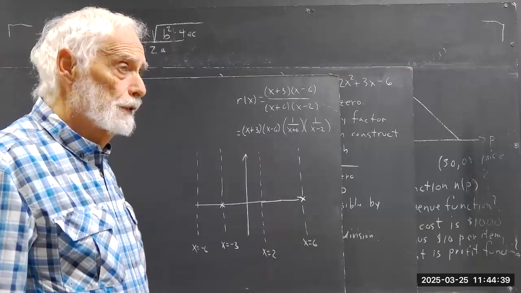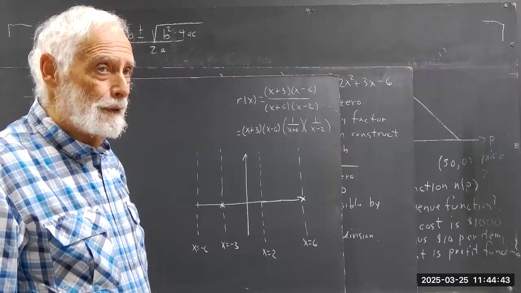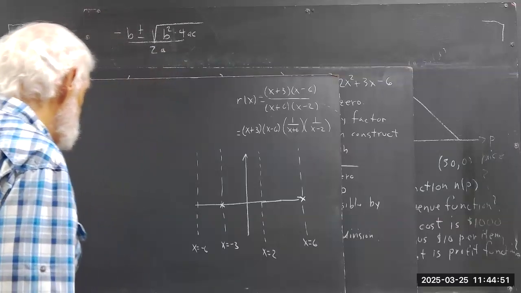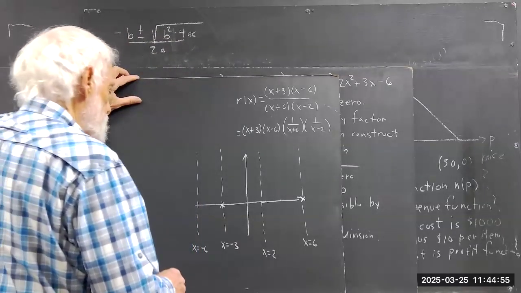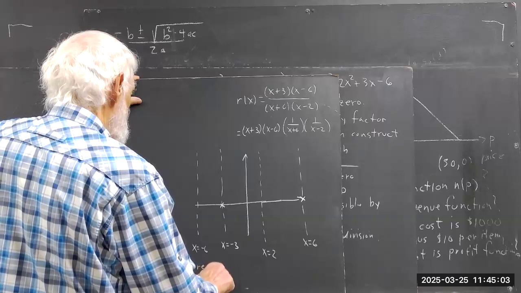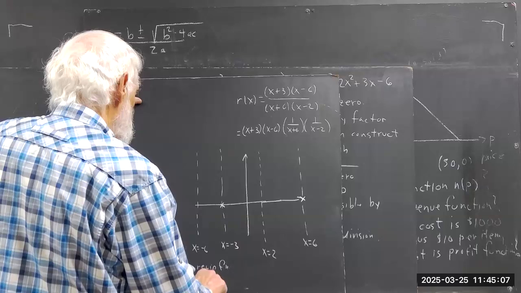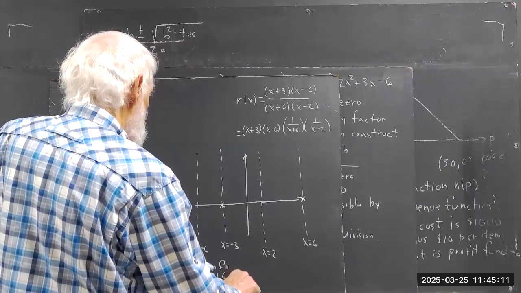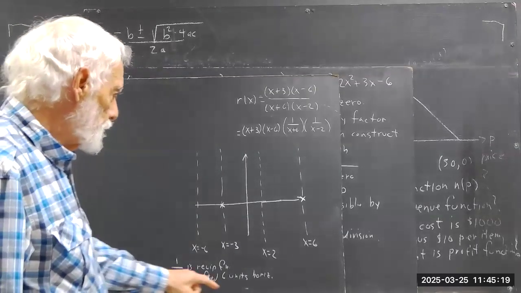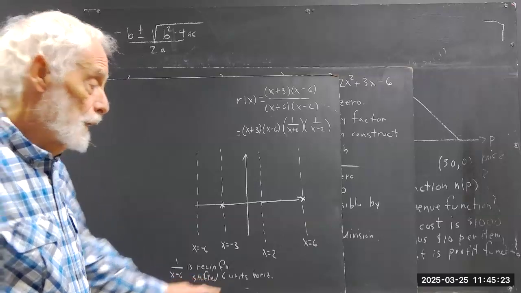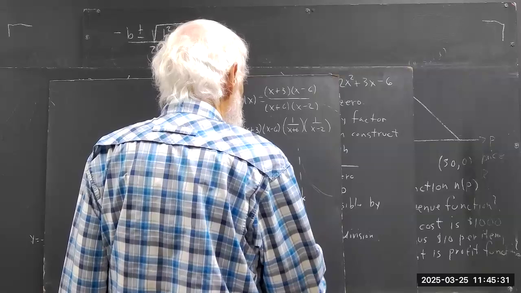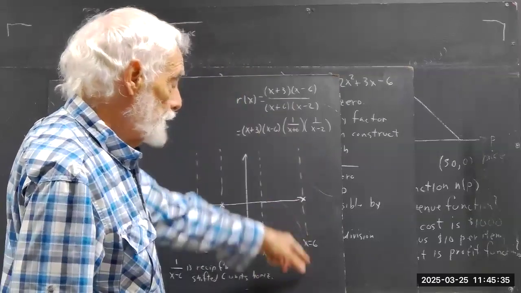Well, what does the graph of 1 over x plus 6 look like? Well, it's a reciprocal function, shifted 6 units horizontally, which might look like this, with an asymptote here, right?